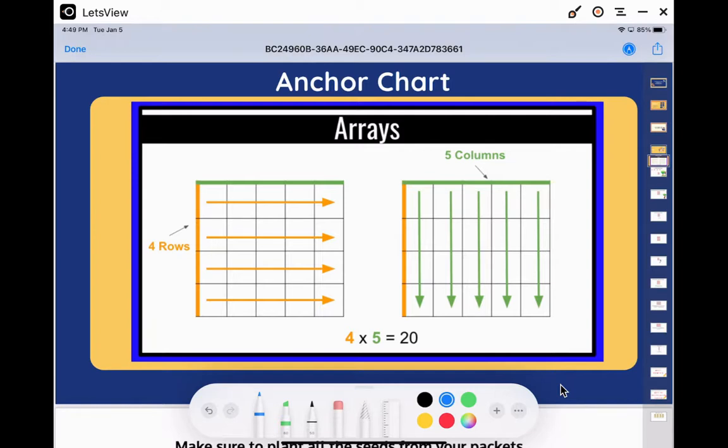Today, we are going to talk about what makes an array. Arrays are made of rows, which are straight lines of items that go straight across, as well as columns, which are equal numbers of items going straight down. When you put your rows and columns together, you have an array.